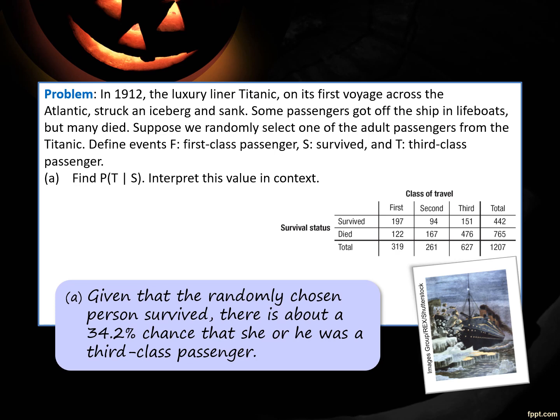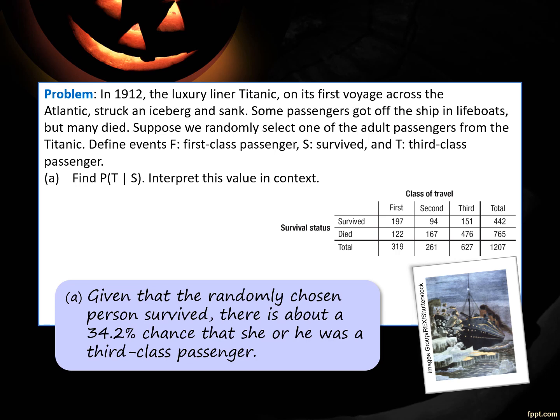So when I interpret in context, we tend to use percentages, not just me, but statisticians tend to use percentages, because part of stats is making numbers accessible for people, and people understand percentages more than they do decimals.